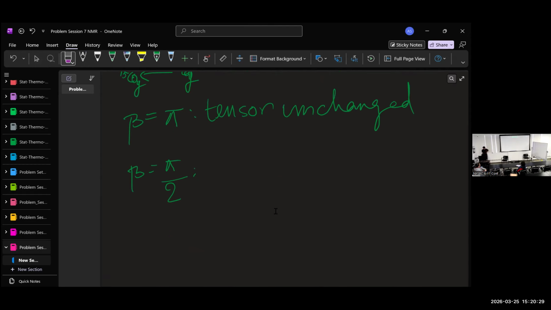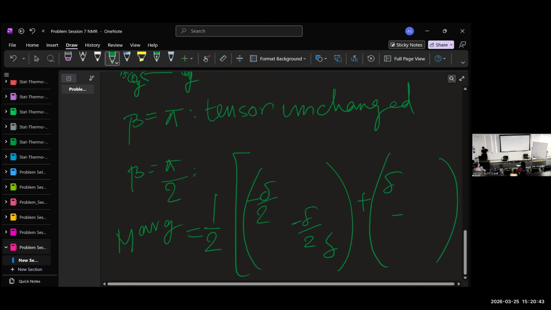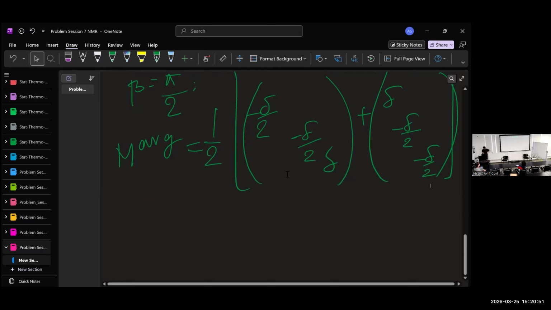Now, the question is, what does the average tensor do? For the average tensor, half where you started, plus where you are. And what does this give us?